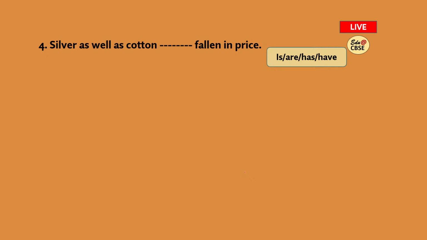Is, are, has or have. Yes, so start has. Silver as well as cotton. Of course, the answer is has. Silver as well as cotton has fallen in price.